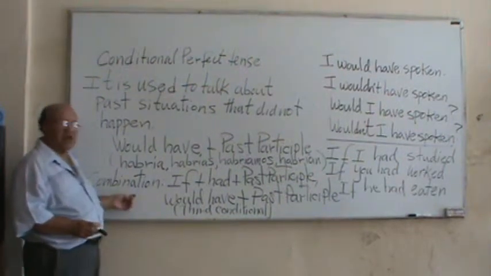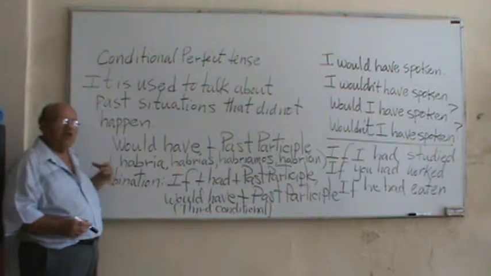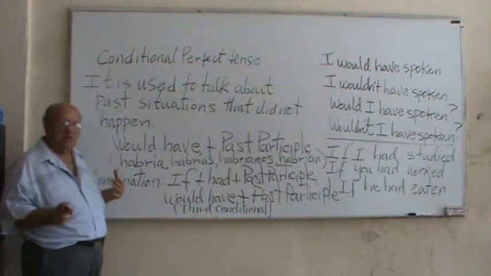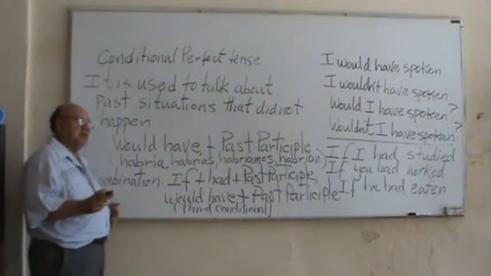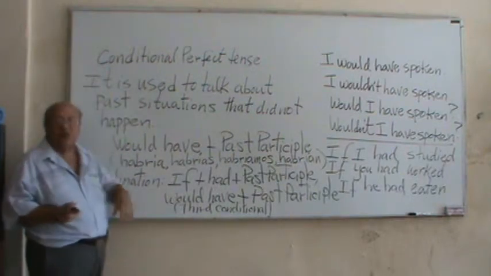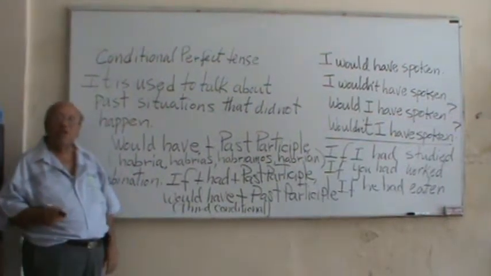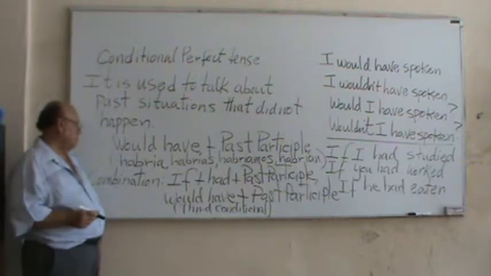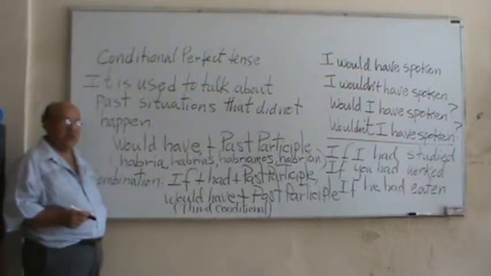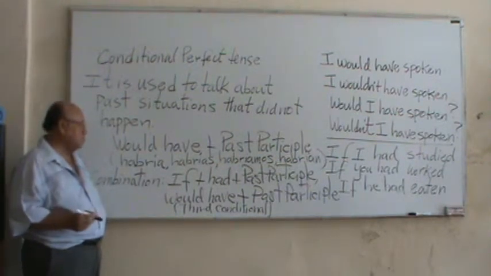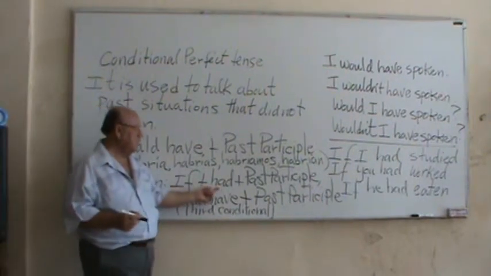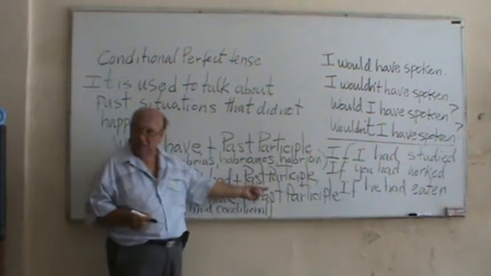Now, let's go to the combination. We are going to combine the conditional perfect tense with the past perfect. The past perfect, which is constructed using had plus the past participle.